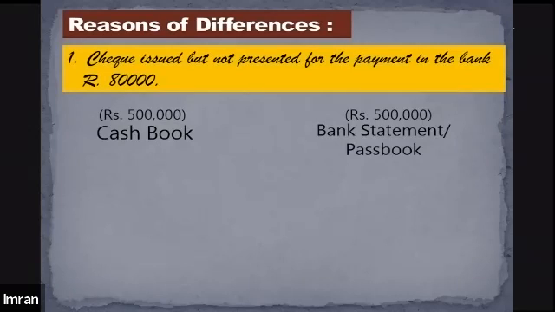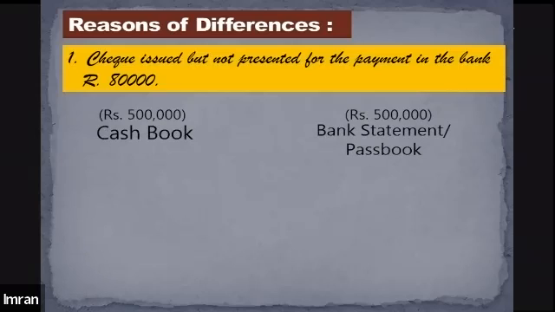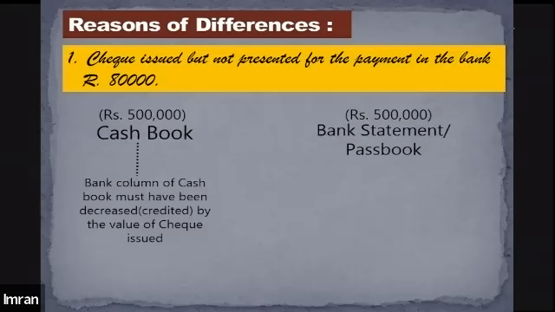Okay, that is what I was trying to explain in the PowerPoint as well. The check issued but not presented for payment in the bank is 80,000. That means if the cash balance and bank balance previously were 5 lakh, after the issue of the check the cash balance will reduce definitely. See what is written here: the bank column of the cash book must have been decreased, that means credited by the value of the check issued.